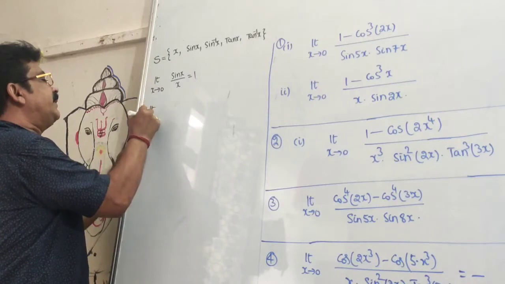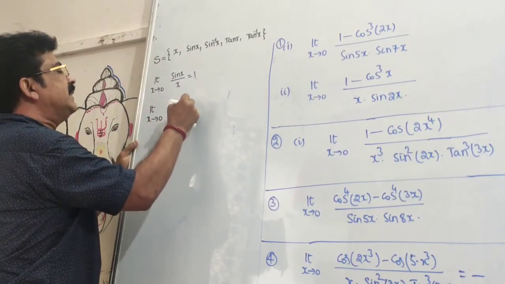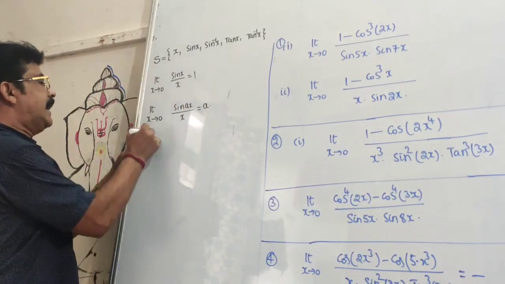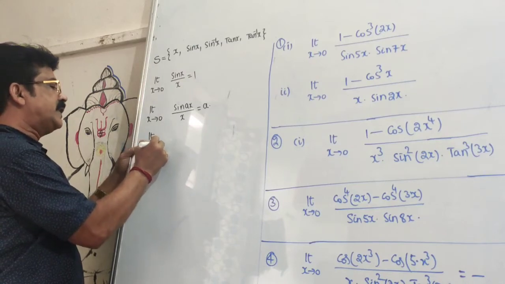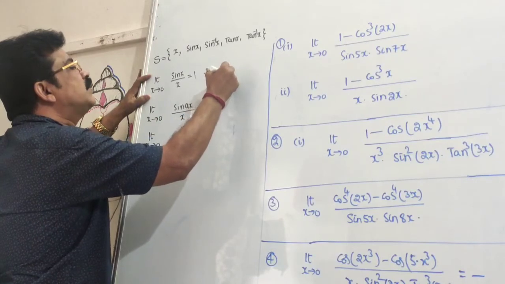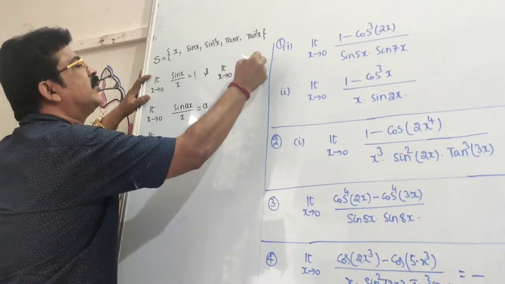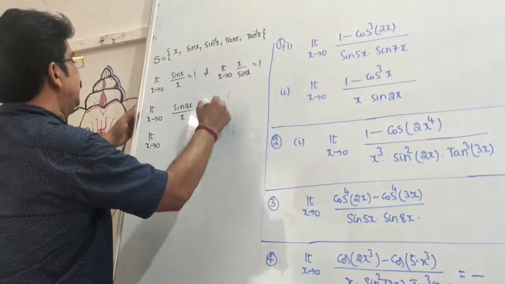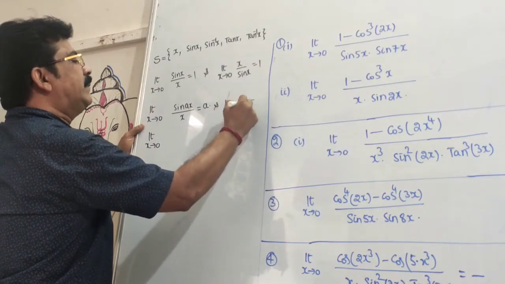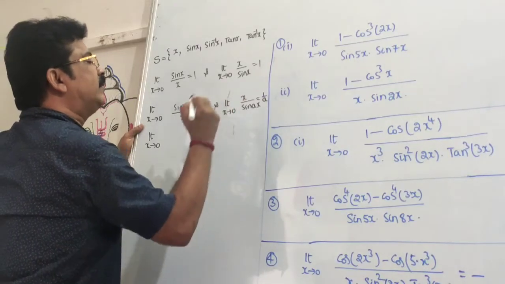Similarly, the basic formula: the limit as x tends to 0 of sin ax divided by x equal to a. Okay, here its reciprocal: the limit as x tends to 0 of x divided by sin x is also equal to 1, and the limit as x tends to 0 of x divided by sin ax equal to, of course, 1 by a.